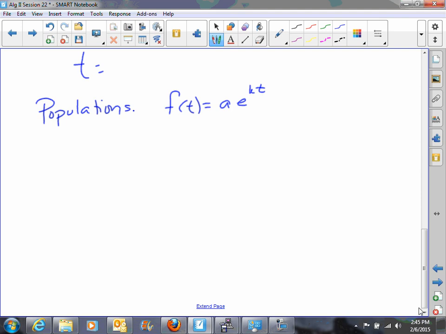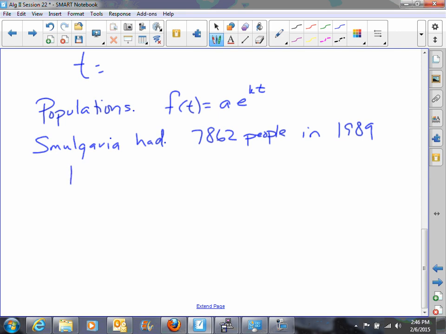For example, we'll use Smulgaria because I don't know Smulgaria. Had 7,862 people in 1989. And so let's say that population had grown to 10,541 people in the year 2000.